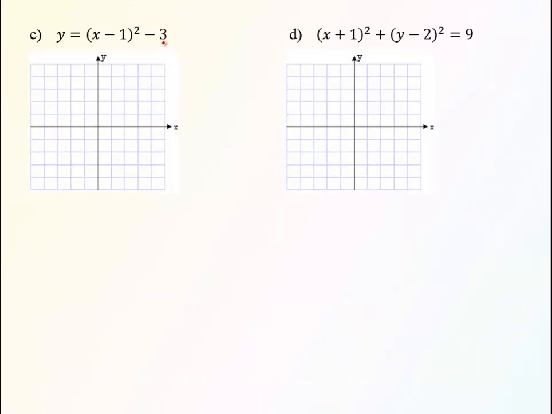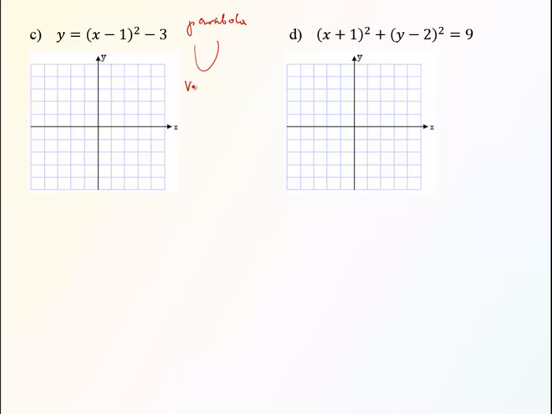Here we have another very well-known shape. That's a parabola. So we know how a parabola looks. It must be this kind of shape or the upside down one. In this case, because the leading coefficient is positive, it is a parabola with arms up.